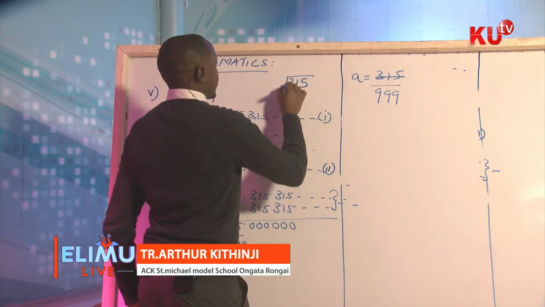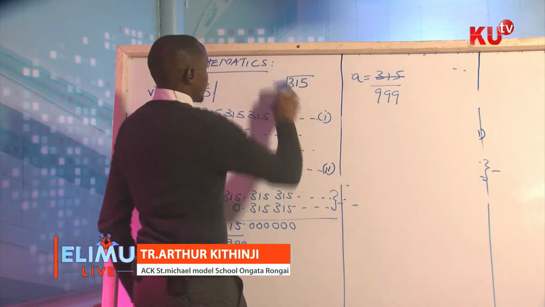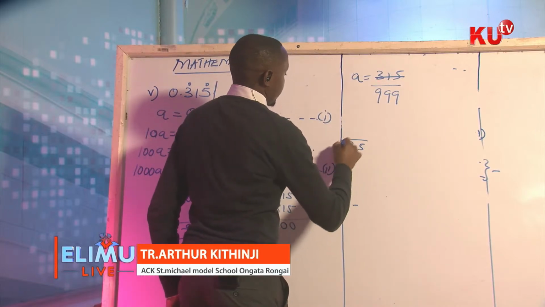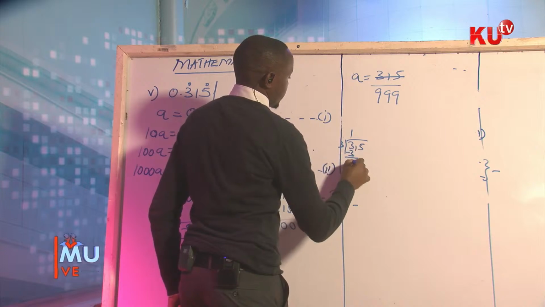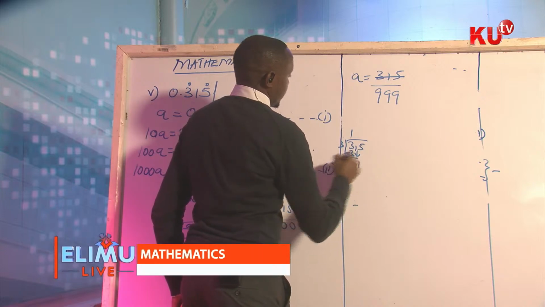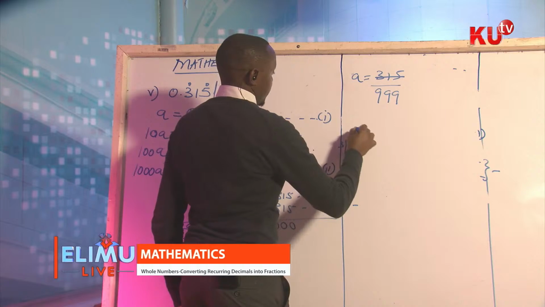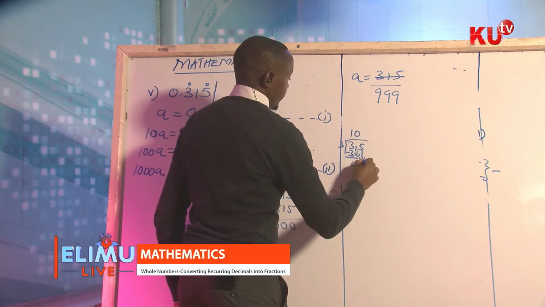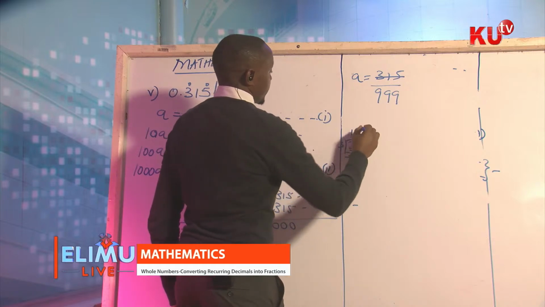315 divided by 3. This is 1 because of 3, 0, drop 1. Okay, it's not enough, so you put a 0 here. It allows you to drop 5. 15 divided by 3 is 5.